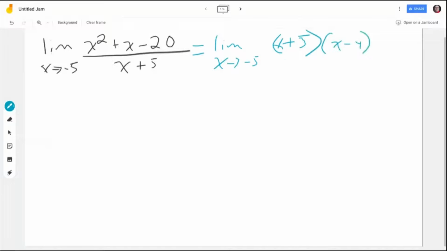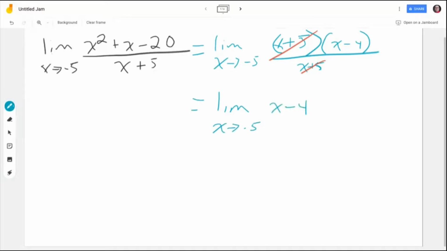And still our denominator is x plus 5. Now here, notice that the x plus 5 and the x plus 5, those can reduce. And what we'll be left with now is the limit as x approaches -5 of just x minus 4.